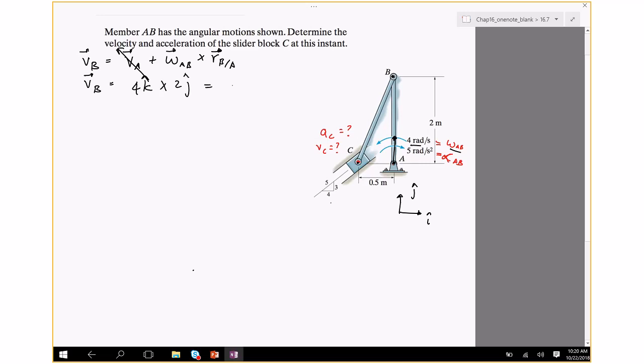So that comes out to be 8 times k cross j. K cross j is, we need to go clockwise to go from k to j, so it's minus i.